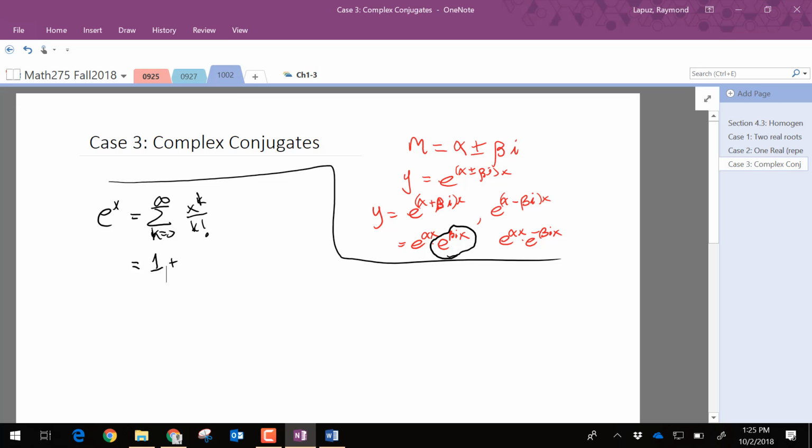Google it. Hey Siri, what's 0 factorial? The answer is 1. Ask your own personal device. All right, when k is equal to 1, we have x to the first power divided by 1 factorial, which is again 1.